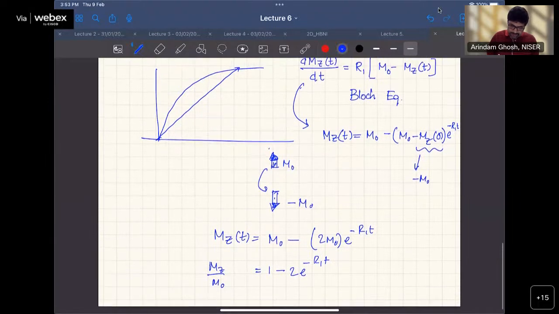If you plot Mz normalized to the equilibrium, it starts at t equals 0.